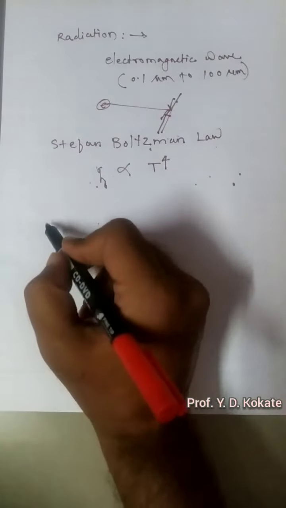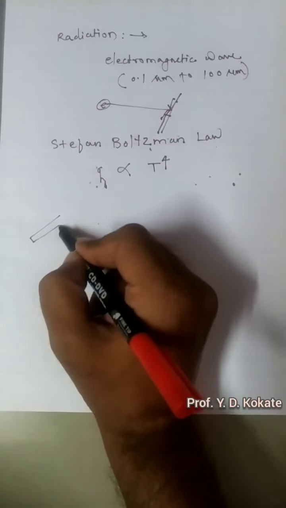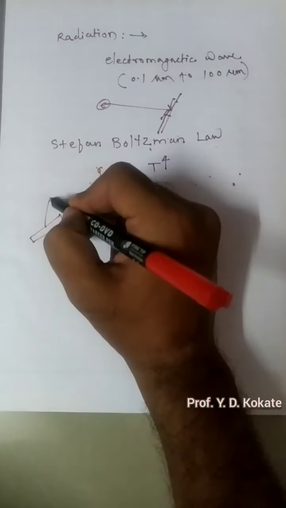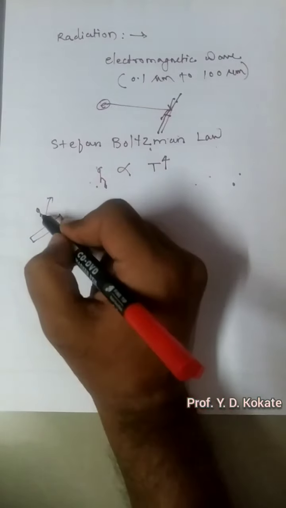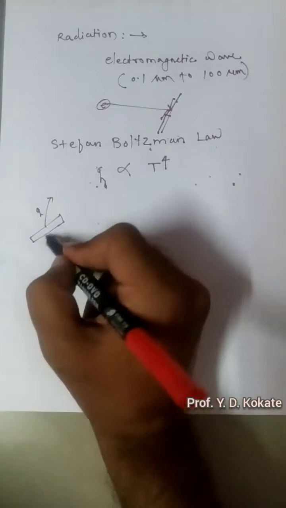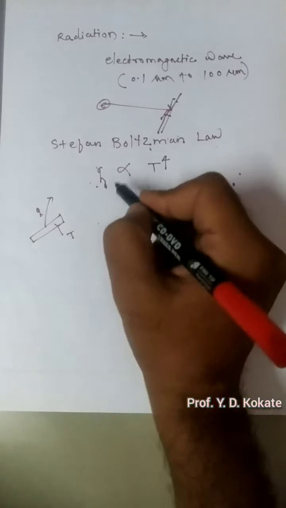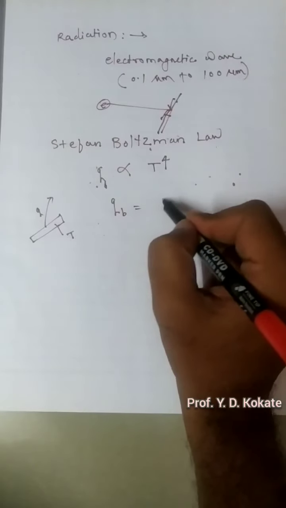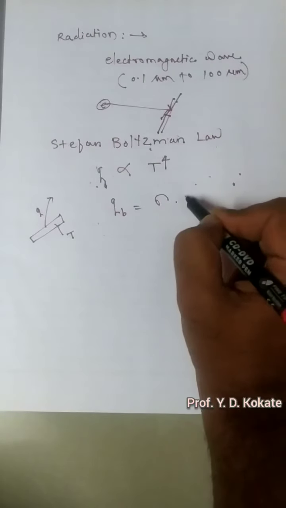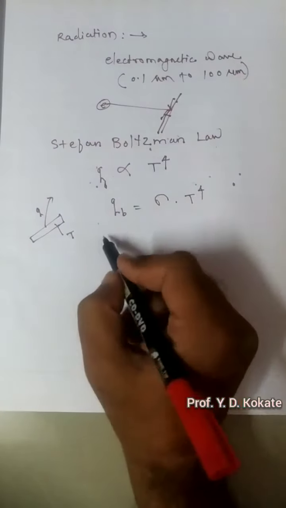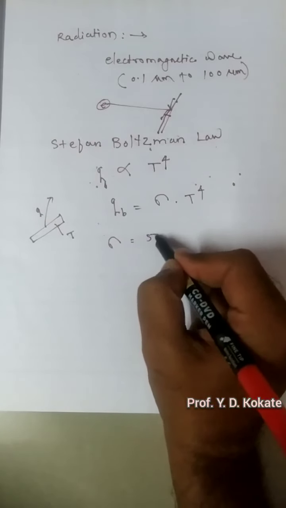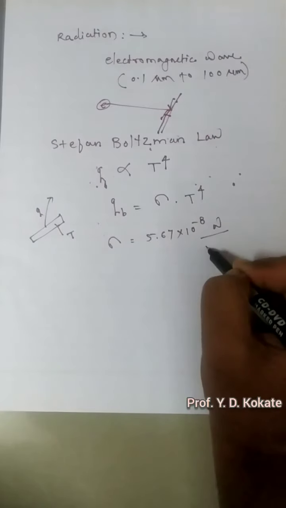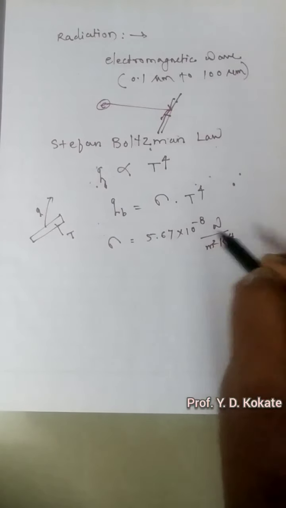That means this surface will be emitting energy, or dissipating heat energy, which is proportional to the fourth power of its absolute temperature. If I cancel the proportionality sign, then I will get the Stefan-Boltzmann constant times T raised to 4, where the Stefan-Boltzmann constant value is 5.67 times 10 raised to minus 8 watt per meter square Kelvin raised to 4.